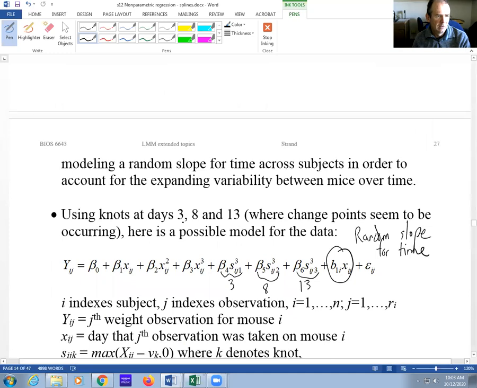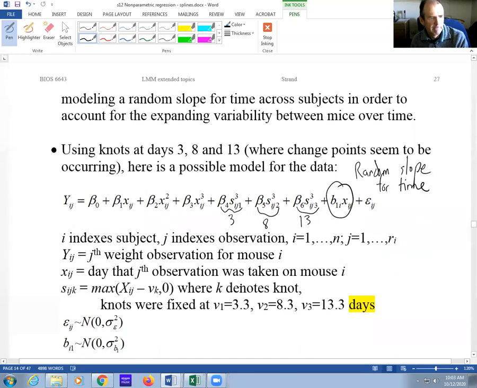But I think in this case, there was some trial and error. This data set is an older data set. I don't know if they used goodness of fit or some kind of model selection strategy to tell that this is where they should be. But we ended up using these 3, or he did, and I mimicked that. So we have knots at those points, and that's going to allow the flexibility to model the data.